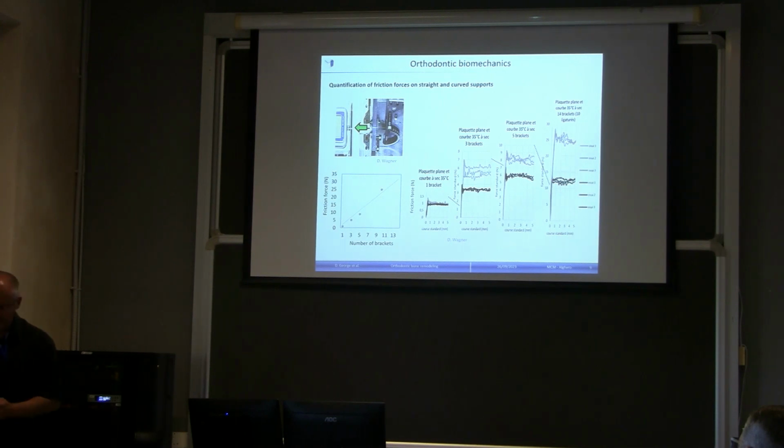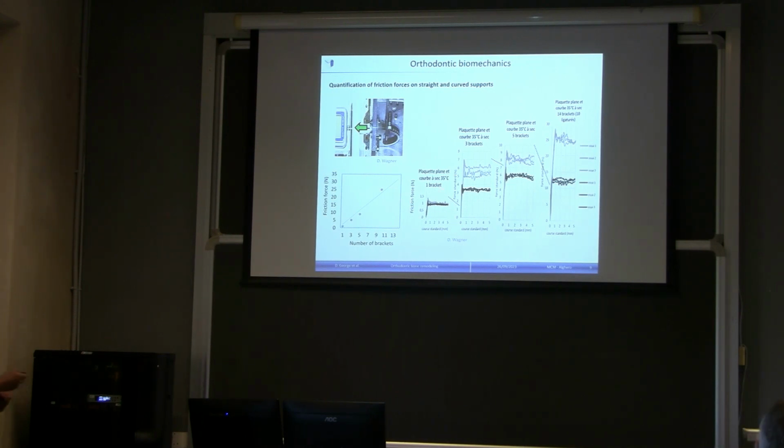So we did that. Here you see the picture of a curved support, and we also did it on a flat support, where we glued some brackets, then put the wire inside the brackets, and then pulled the wire inside the brackets. Here on the horizontal axis you have displacement, and on the vertical axis you have the friction force.